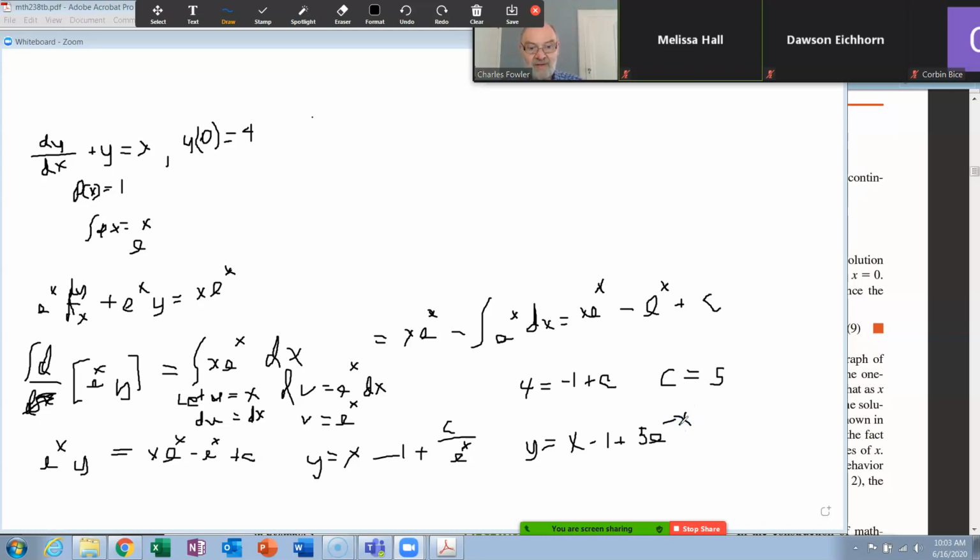Pretty ugly, but it's there. There's your solution, because certainly when x is equal to 0, that's equal to 4. And if you take the derivative of that, dy dx, you can go back and check it. Everything should work. Let's see how the book did it.